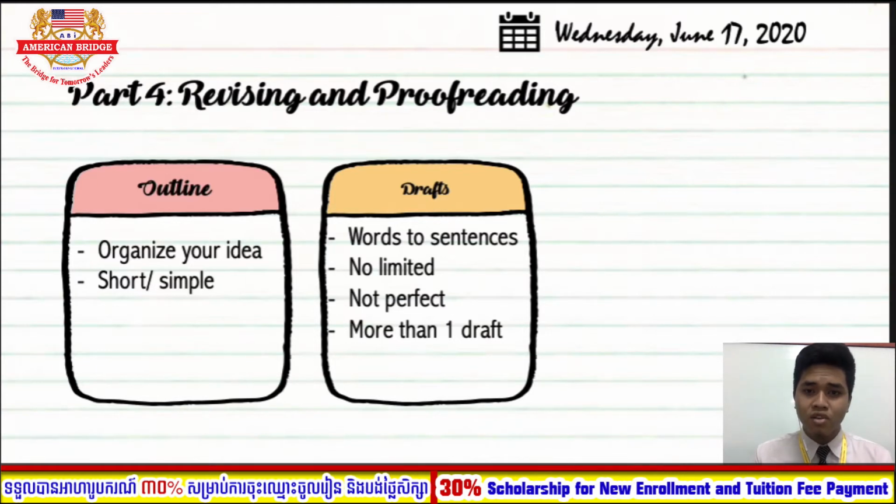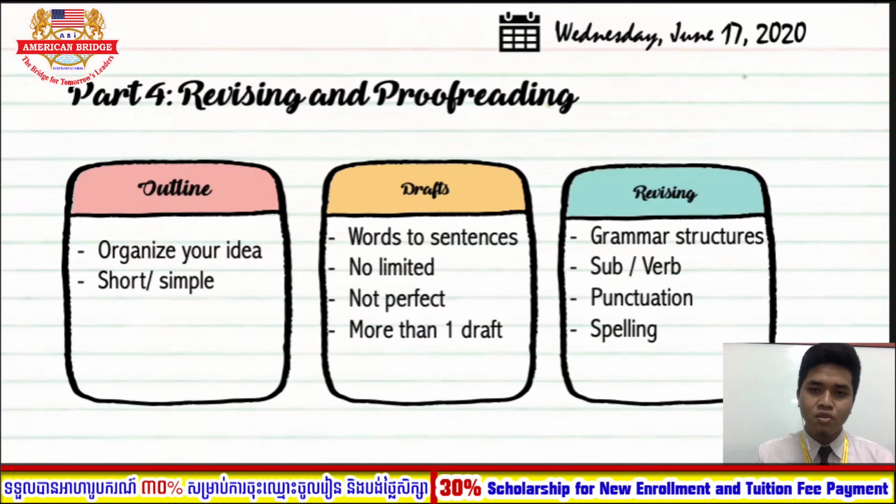Finally, when you have finished the draft, you have the final draft. And when you get the final draft, what should you do? You need to revise it. You need to check it again, which is the last stage. We call it revising and proofreading. In this stage, you need to look at the grammar structure, whether you wrote it correctly or not.